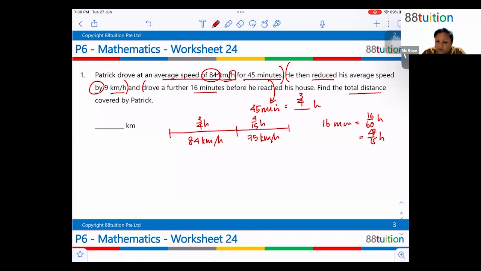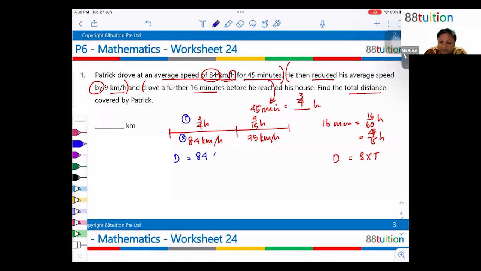Now, you want to find the total distance. To find the total distance, what's the formula? Distance is equal to speed times time. So now I have the speed, I have the time, I can find the distance, which is speed times time, to give me 63 kilometers.